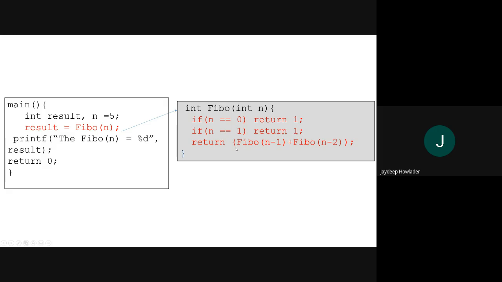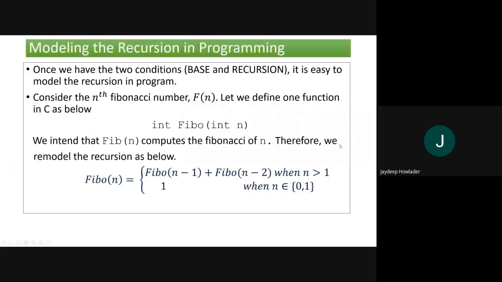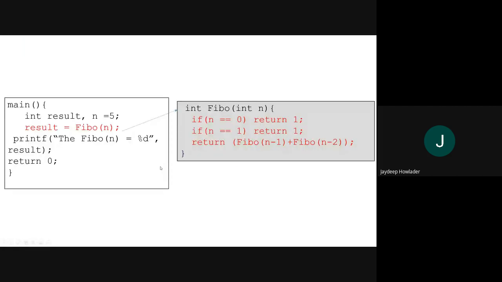It will return Fibonacci n minus 1 plus Fibonacci n minus 2. Understand? So otherwise, the output of this recursion is Fibonacci n minus 1 plus Fibonacci n minus 2. Thus, in my fib function, what we have done is realize these conditions. I have the base conditions, I have the recursive call, and I simulate these things in my program.